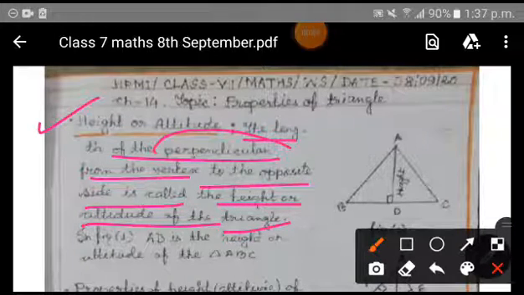So here the length of the perpendicular means the 90-degree angle which is made by this line on the opposite side. This is the 90-degree angle, that is why it is called the perpendicular. So the height or altitude is the length of the perpendicular from the vertex to the opposite side.